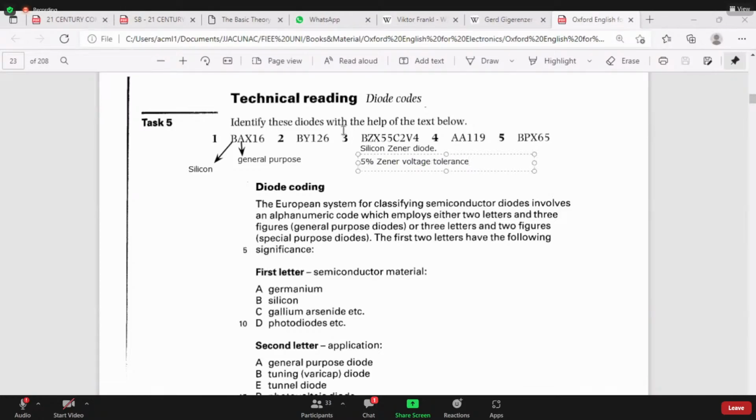And the Zener voltage is also indicated here, 2.4 volts. So 5% tolerance, Zener voltage of 2.4 volts. I prefer to put the tolerance at the beginning, so as not to confuse it.